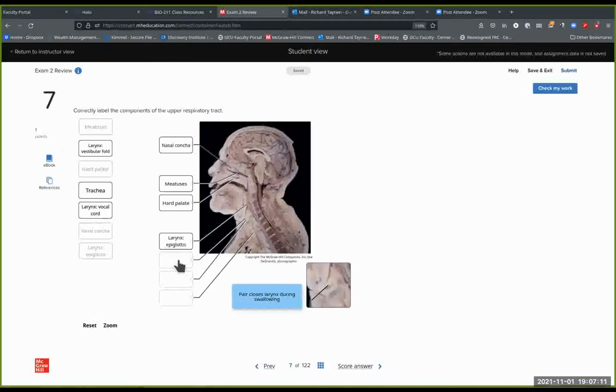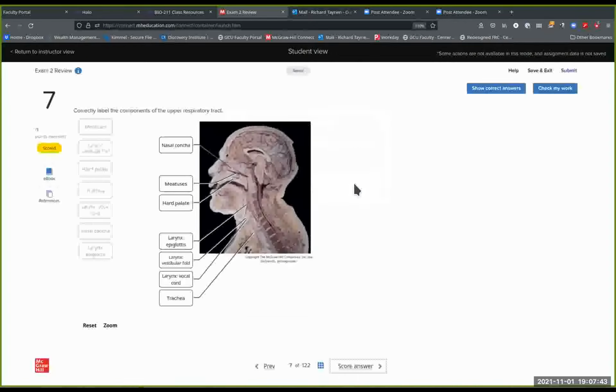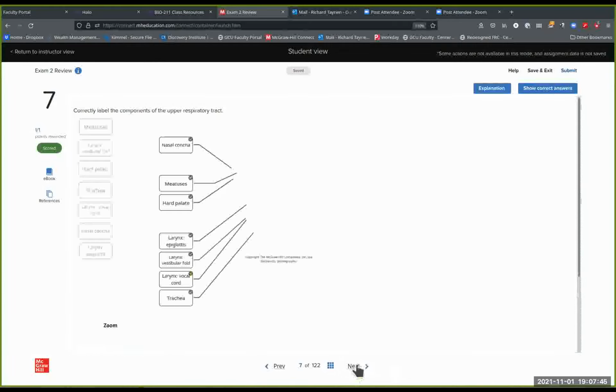Pair closes larynx during swallowing. They're talking about the vocal cords, basically. I believe. Is that right? Nope. That's the vestibular fold. And then vocal cords and the trachea, of course. Good.